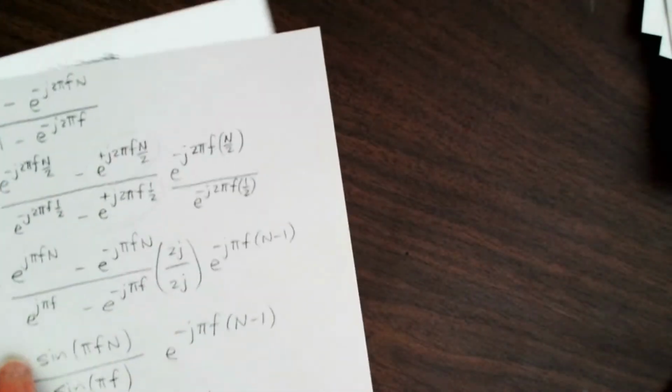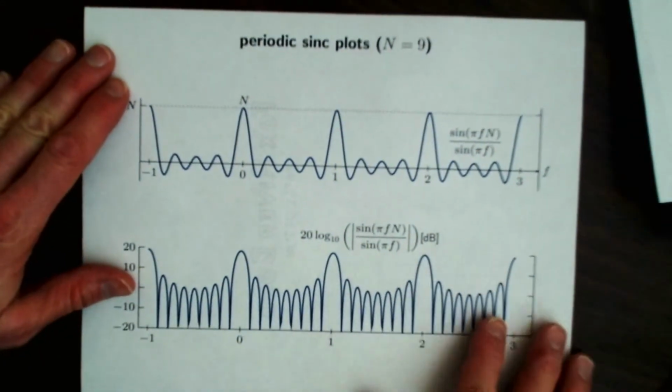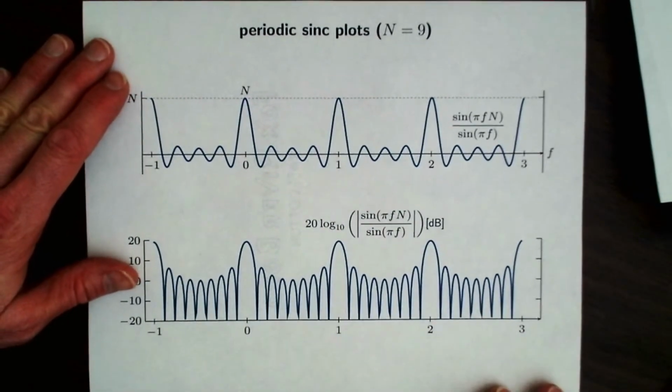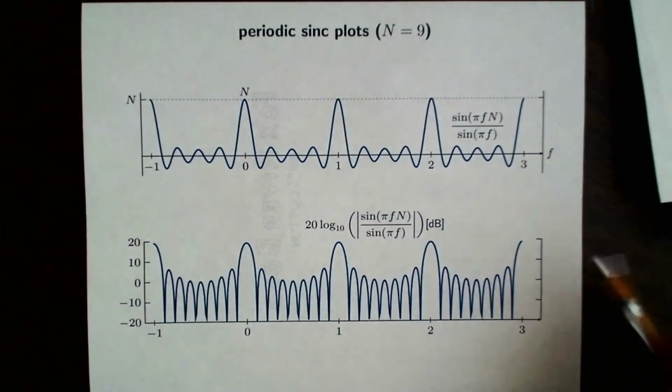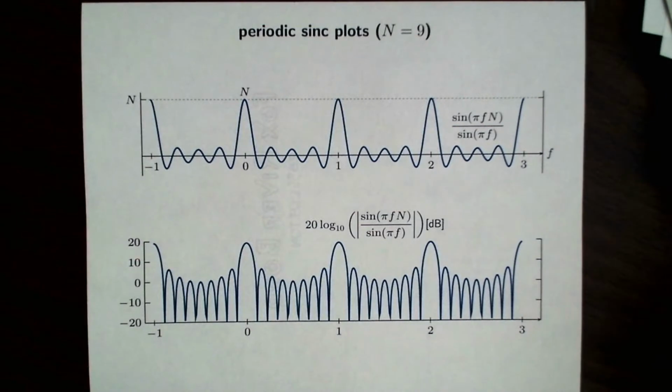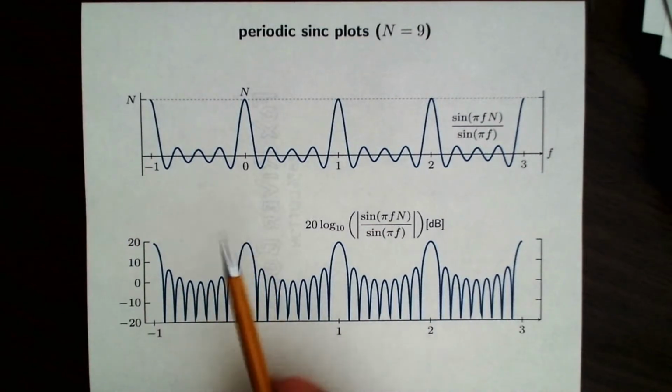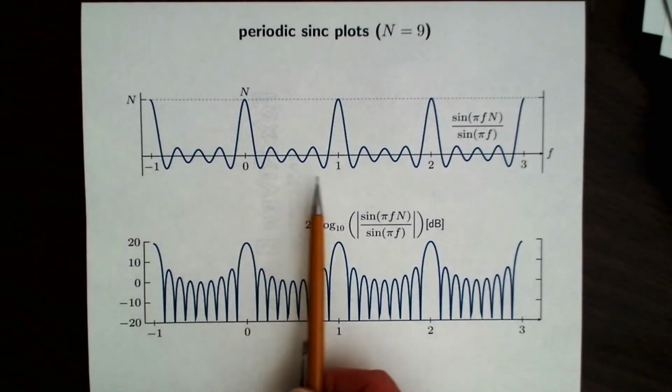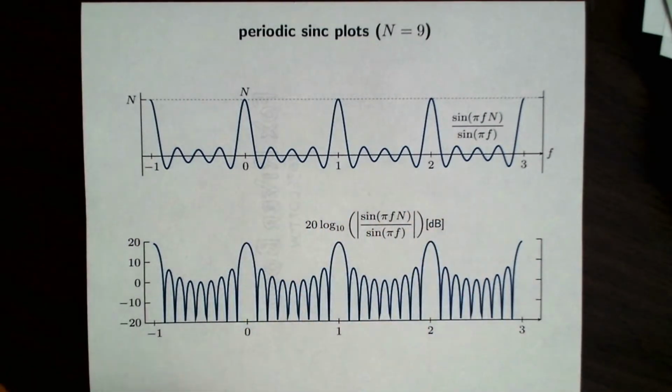And let's take a look and see what that actually looks like. So the subplot on the top shows a linear amplitude periodic sinc function. You can see why it's called a periodic sinc function because it repeats, and in fact the period is equal to 1.